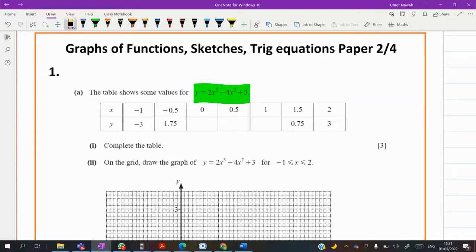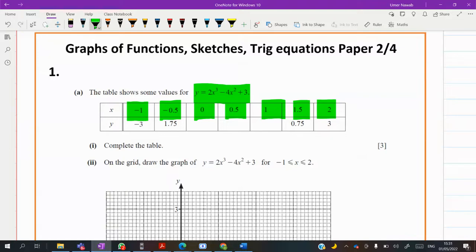He has provided you a table, and in the table he has taken 7 values of x, so 7 points. He will ask us to plot them on the grid.